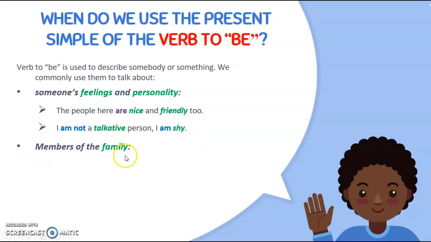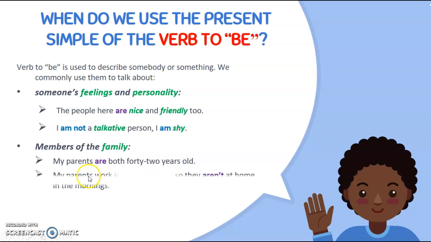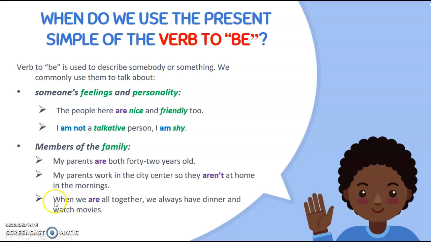To talk about members of the family, my parents are both 42 years old. My parents work in the city center, so they aren't at home in the mornings. When we are all together, we always have dinner and watch movies.